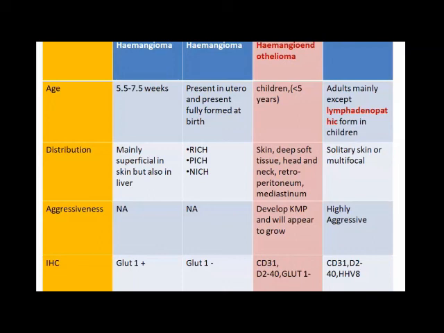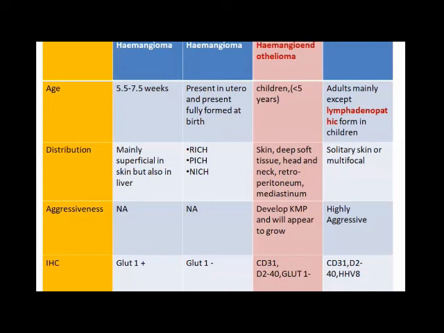So infantile hemangioma basically presents at around 5 to 7 weeks of age. They are mainly superficial, but the liver can also be involved. They are least aggressive, and GLUT1 IHC should be done, where GLUT1 is positive. We can differentiate the congenital hemangiomas from the infantile ones through GLUT1 positivity and negativity, and the congenital hemangiomas usually present in utero and are fully formed at birth.